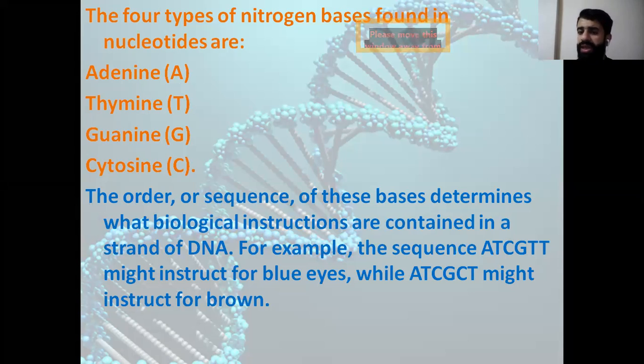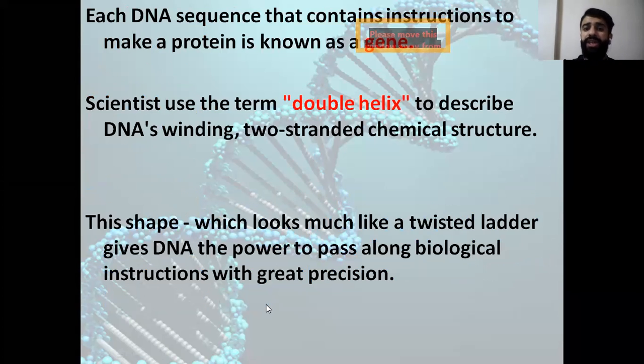For example, the sequence ATC GTT might instruct for blue eyes, while ATC GCT might instruct for brown. So one change in the nucleotide sequence from T to C changed the eye color from blue to brown. Each DNA sequence that contains instructions to make a protein is known as a gene.